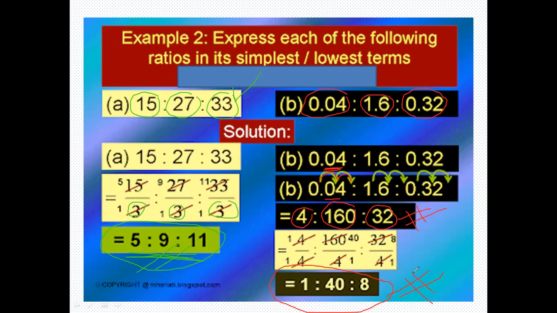Remember, from decimal numbers we get a ratio of whole numbers. Again, if it is a decimal, convert into a whole number. If it is a fraction, convert into a whole number before we simplify to the lowest term.